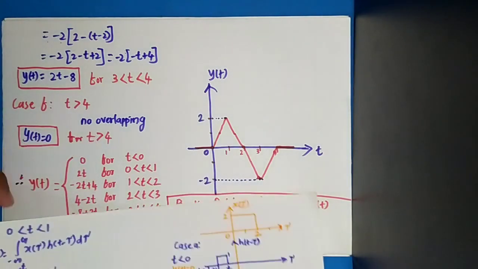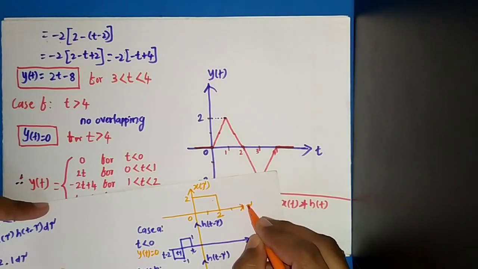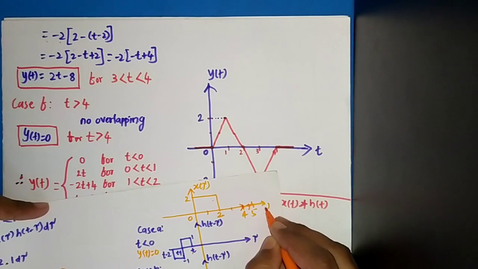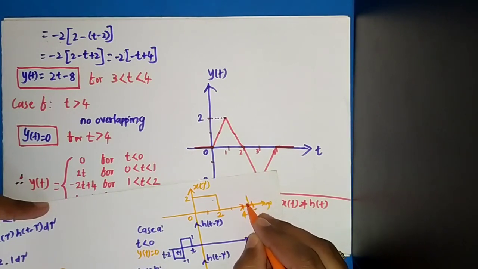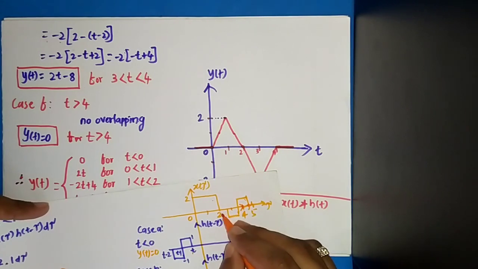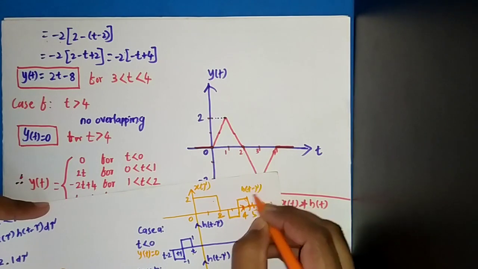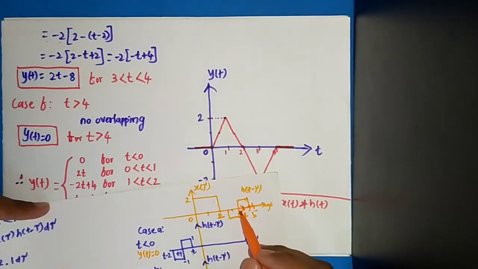Now if your t is greater than 4, that is if it is there in between 4 and 5, this is the t term, samjho, so it will be ending after 2. This is the h of t minus tau term.